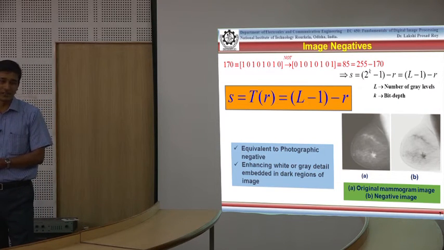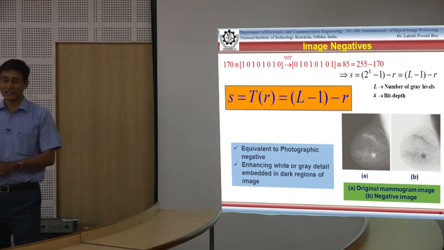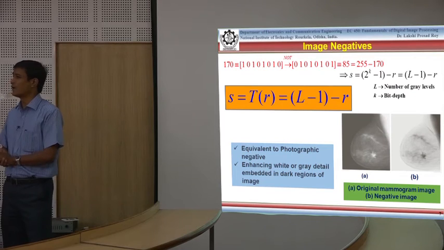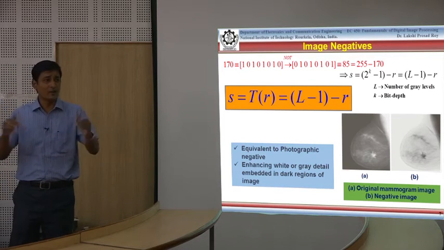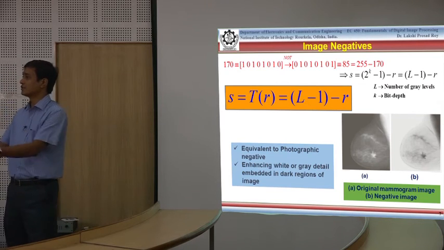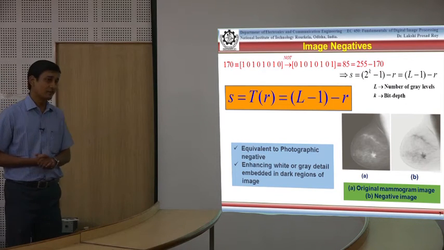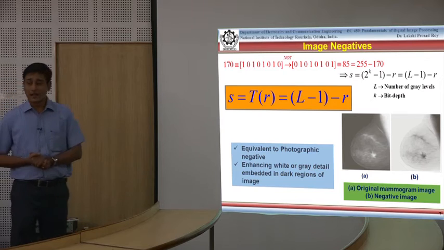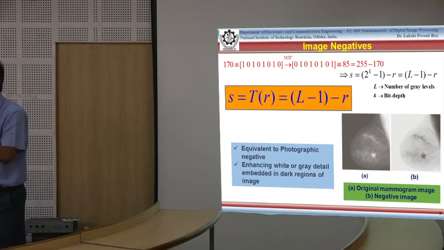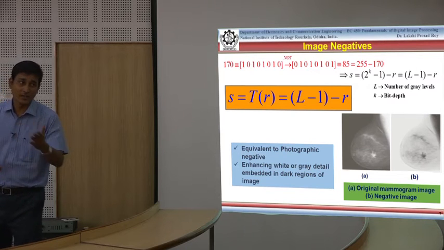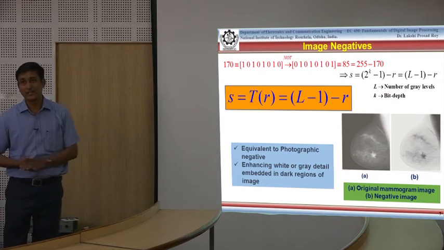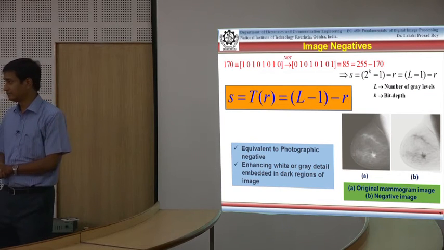What is the use? Many things are there, like if you want to highlight the white part from a dark image where the dark is so dominating that the white part is also getting overlapped. In that case you can make the image negative, so that you get a better appearance of the image. That way negative transformations are useful, and the implementation of this, which we have already taken earlier, if you do it with the logical NOT operation, you will get the negative nicely.